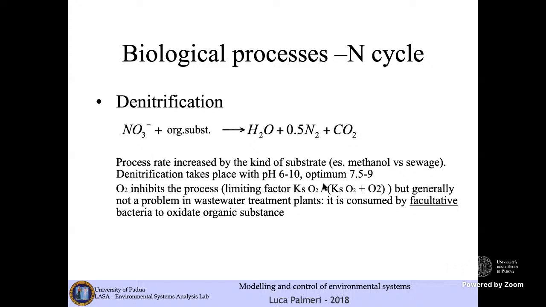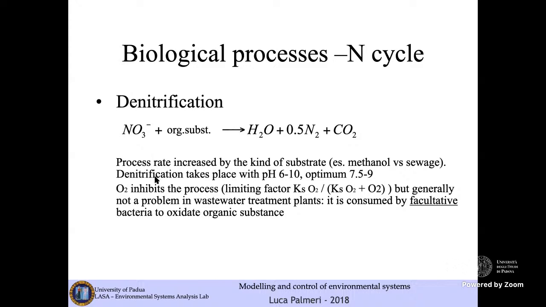So recall, denitrification is an anoxic process taking place in oxygen lacking conditions. There are other limiting factors, like, for example, the Ks, the semi-saturation constant for this process.